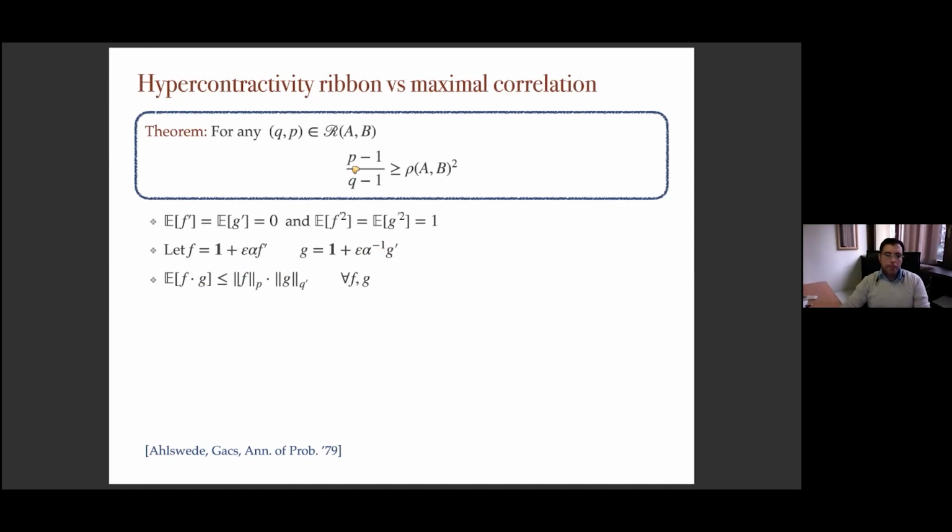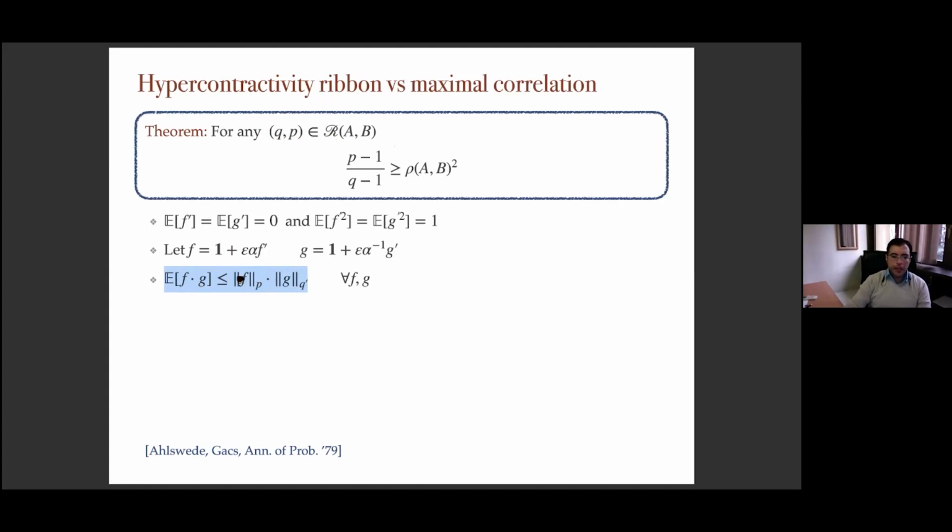And then, if I start with Q, P, remember that is equivalent to this inequality. That's from the assumption that Q, P belongs to the hypercontractivity ribbon. So now I want to expand both sides of this inequality as a function of epsilon. Okay. The largest term, of course, would be 1, right? Because the expectation of fg, if I take epsilon to be 0, would be just the expectation of the one function, which is 1.